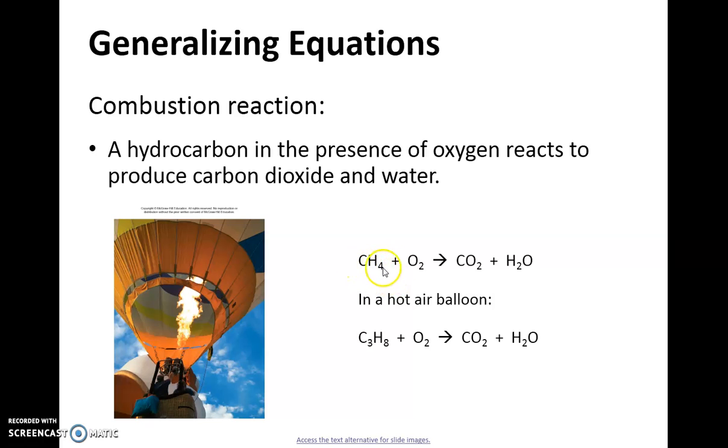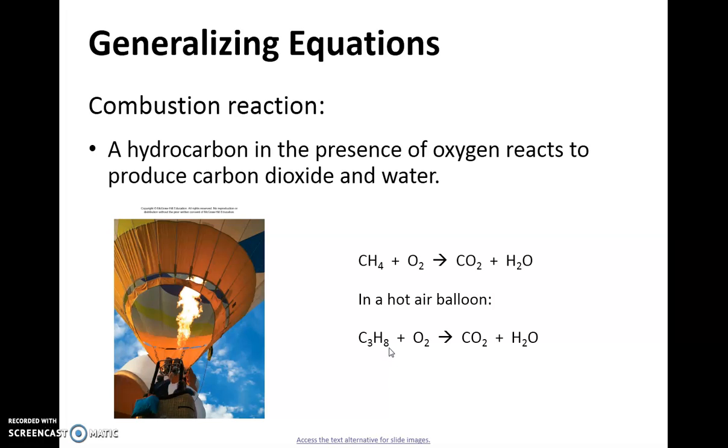Okay, so CH4 plus oxygen, that would be the oxygen that's in the air, and that's going to produce carbon dioxide and water. So anytime we have a hydrocarbon, we react it with oxygen in a combustion reaction. We produce carbon dioxide and water. Here we have C3H8. I think it's propane.